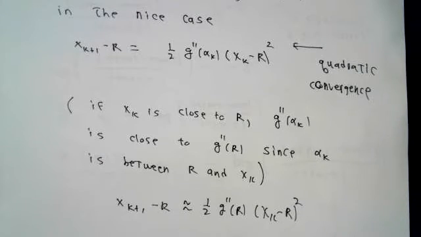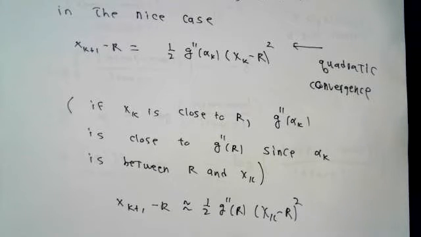But we've already seen that if we're doing Newton in the nice case, where f of r is 0, but f prime of r is non-zero, then g prime at r comes up equal to 0, and then that term that dominated the behavior in a generic fixed point method is 0, and only the last term remains.